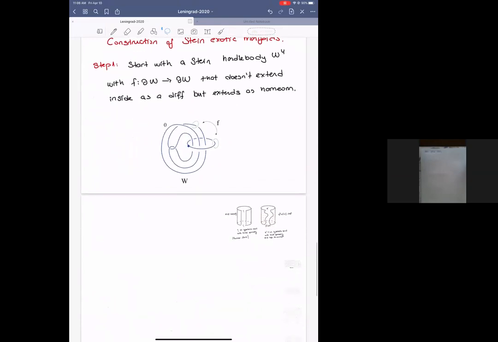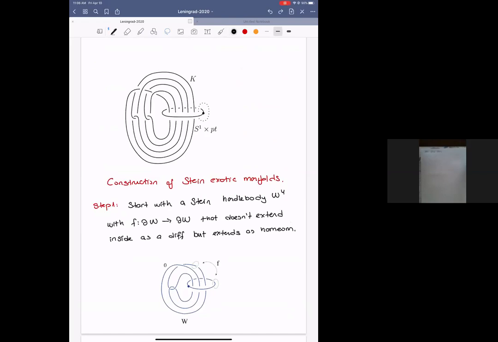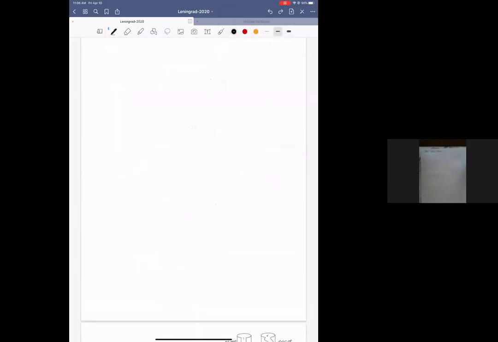Okay, and step 2. Construct a homology cobordism on the boundary of W4.